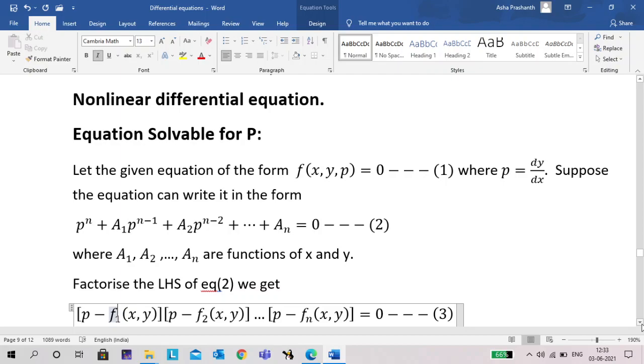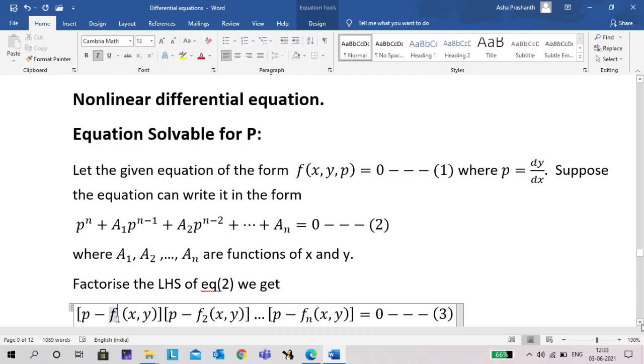Next is the exact equation. The equation of the form m into dx plus n into dy is equal to 0, where m and n are functions of x and y, or may be constants. Then first you check whether it is exact or not. How can you check this? Dou m by dou y is equal to dou n by dou x, right?